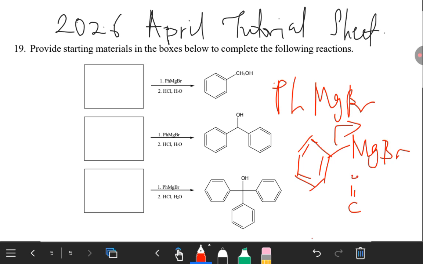So we must have a carbonyl group, whether a ketone or an aldehyde. Then this carbonyl group, once it undergoes a reaction, in the product we are going to form an alcohol.